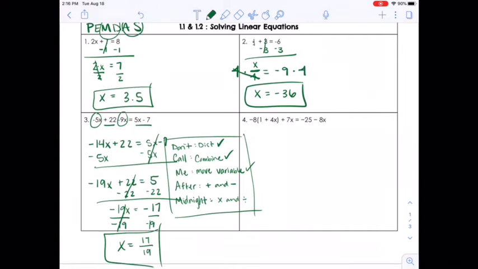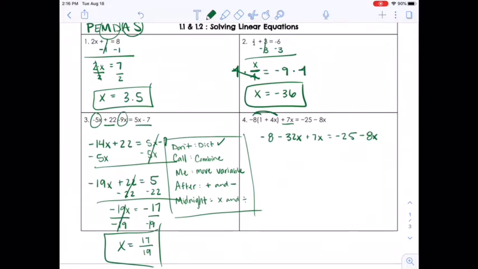So for our next one, our first step is going to be distributing. So I'm going to distribute my negative 8 to both terms. So I've got negative 8 minus 32x plus 7x equals negative 25 minus 8x.